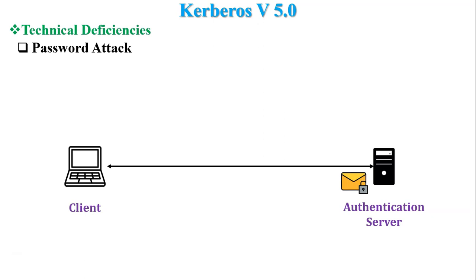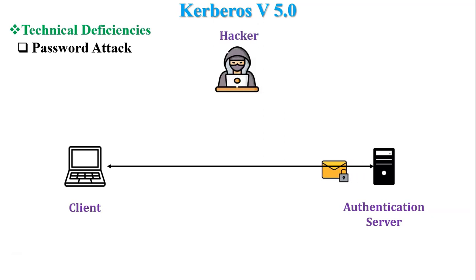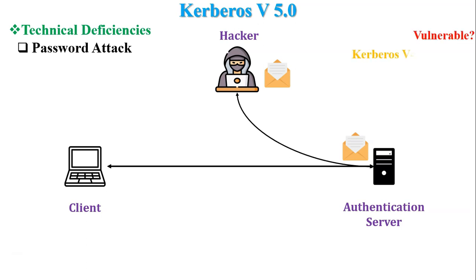When the authentication server sends a message to the client, an opponent can capture this message and attempt to decrypt it by trying various passwords. Thus the opponent can discover the client password and may subsequently use it to gain the authentication credential from Kerberos. So it is called password attack. So Kerberos version 4 is vulnerable to the password attack.